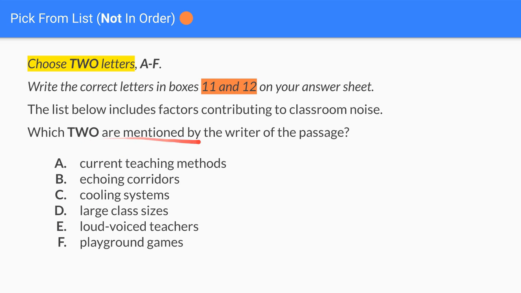So we only have 1 question over here, which 2 are mentioned by the writer of the passage, but actually these are 2 questions because we have to write 2 answers for this question. We have to answer question number 11 and question number 12. So for this question, you're going to be choosing 2 answers from this list of multiple choices.